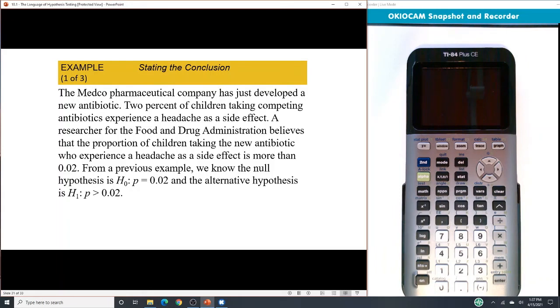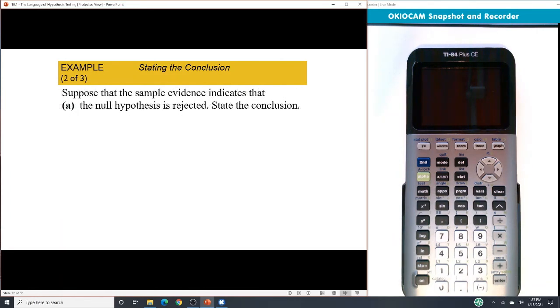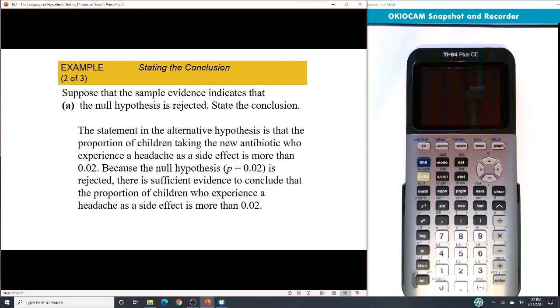All right, so again, looking at our pharmaceutical company, we want to be able to state the conclusions here. Let's suppose that the null hypothesis is rejected. State the conclusion. The alternative hypothesis is that the proportion of children taking the new antibiotic who had this side effect is more than 0.02.